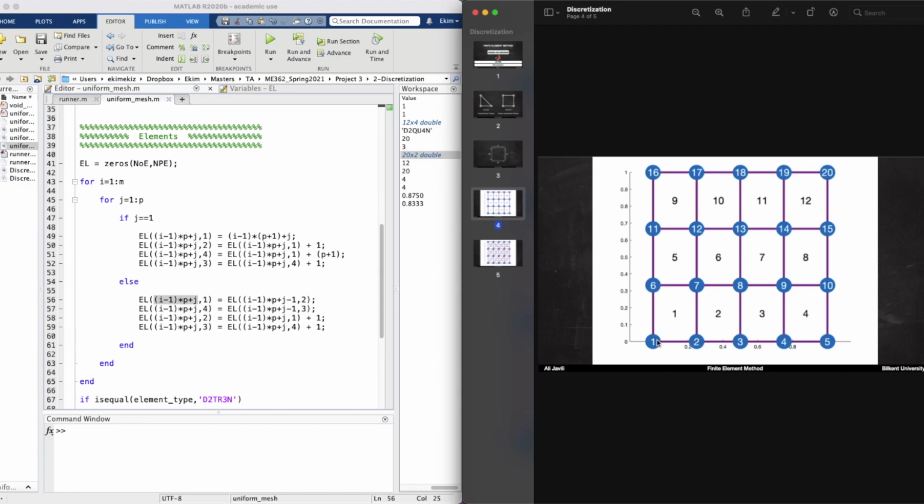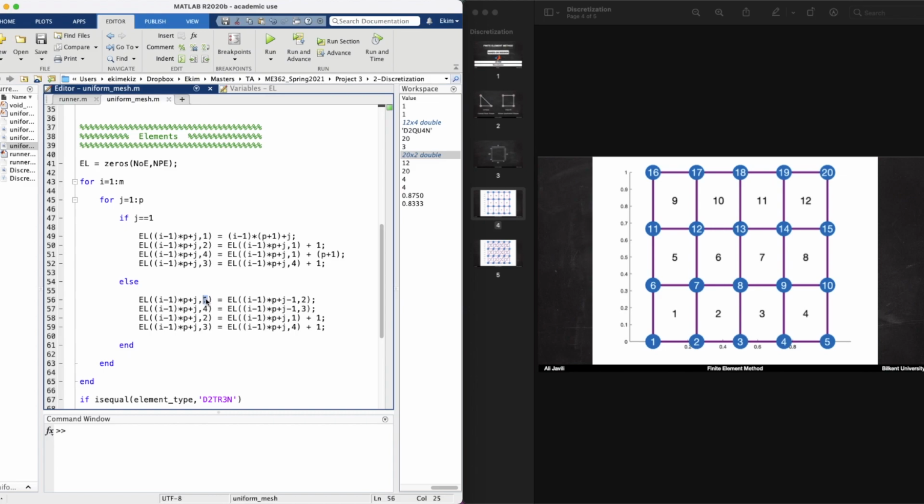This is first node, second node, third node, fourth node. So the second node of the first element is the first node of the second element. And this is what we do here. So the first node of the particular element we have is the second node of the previous element. So these are the same indexes. It's just this one has -1. So it's looking at the previous element.